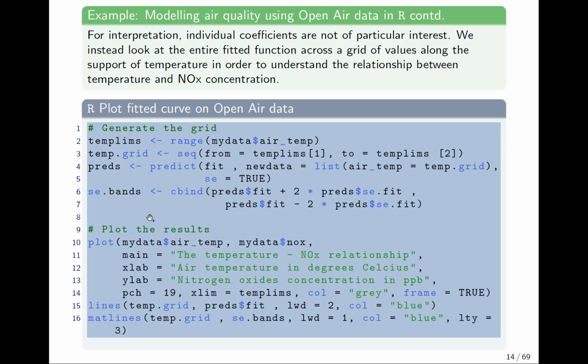This gives us the 95% confidence interval, I'll explain this in a second, around the main fitted value curve that we're going to get from the predictions. And then we just plot all this together. So we plot the fitted curve and the 2 standard error bands, the predicted fit plus 2 times the standard error and minus 2 times the standard error. And this gives us our 95% confidence interval.